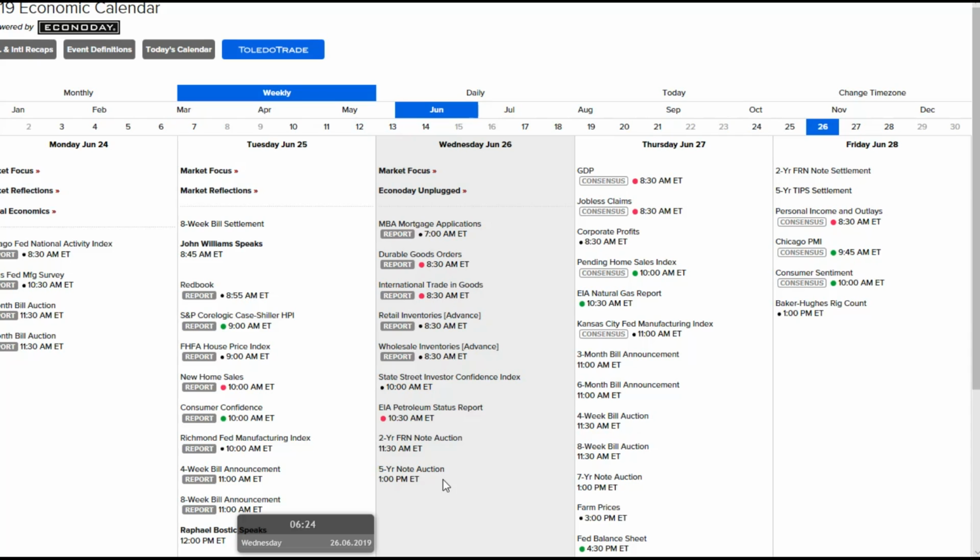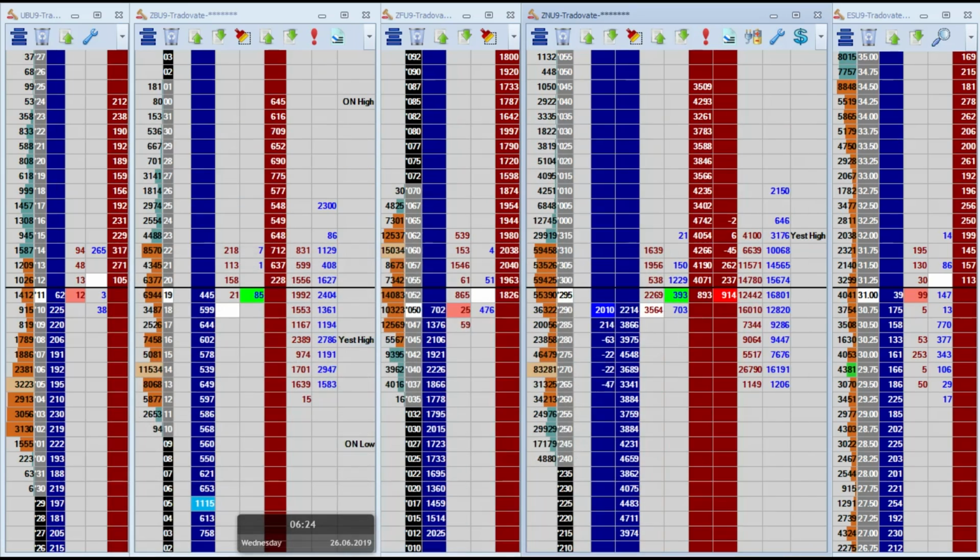I try to be done by 9 a.m. my time, thereabouts, because this is very intense practice, and you can only do it for so long, in my opinion. I get mentally tired, and physically tired, to be honest, and my performance is not as good moving into the afternoon, so I've decided not to trade at those times.